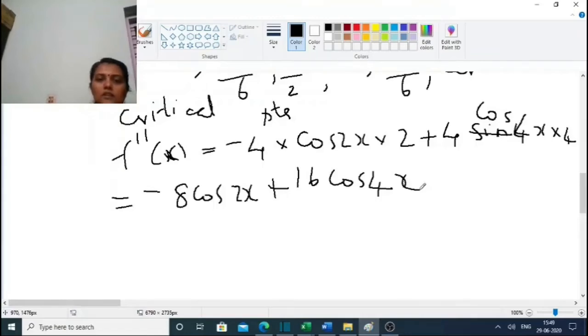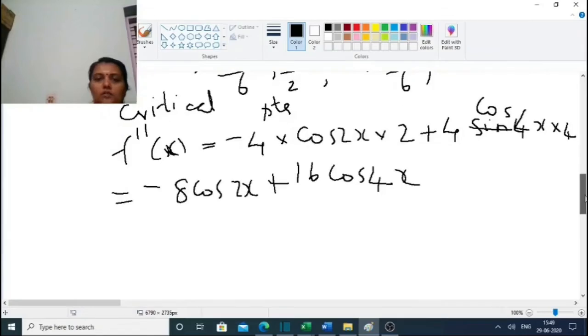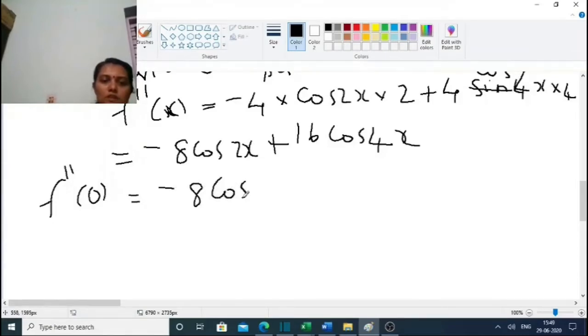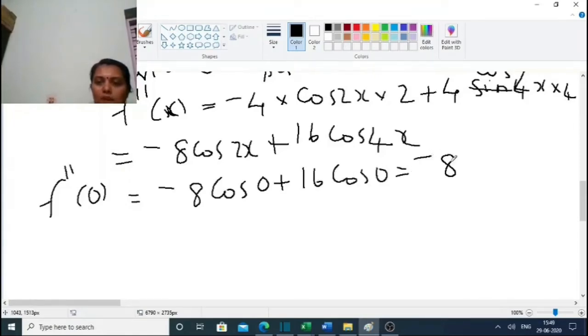Now check the value of f double dash x at the critical points. First we can check at 0. So f double dash 0 is equal to minus 8 cos 0 plus 16 cos 0, which is equal to minus 8 plus 16 equal to 8, greater than 0.